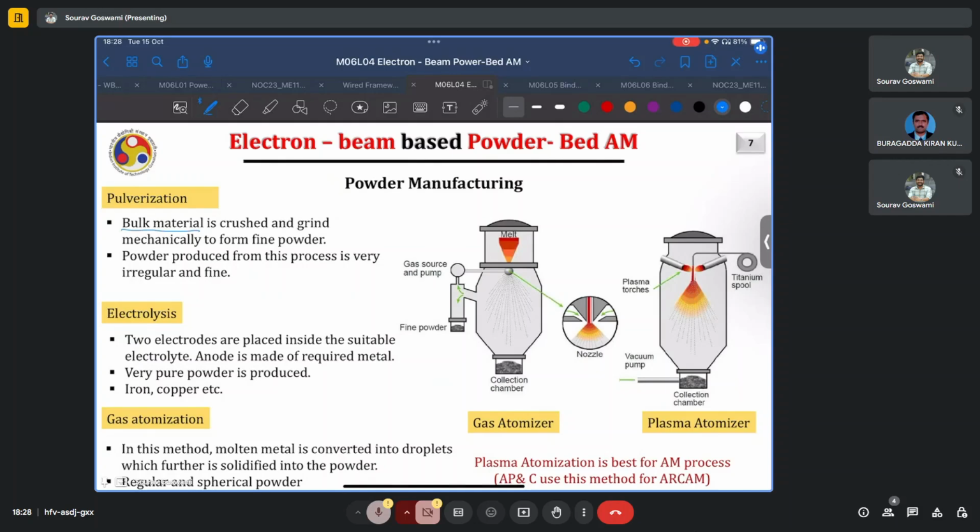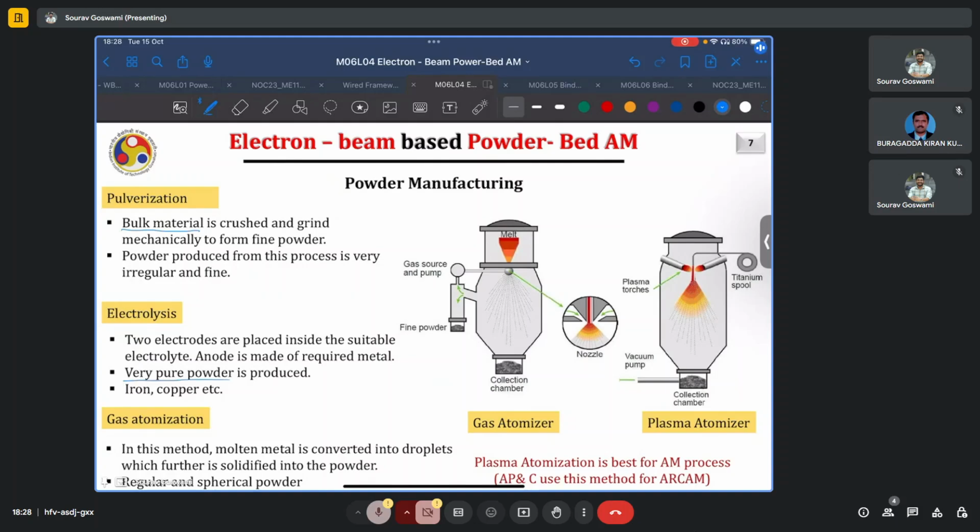The second is electrolysis. So where two electrodes are placed inside a suitable electrolyte, and the anode is made of the required metal, and on this anode, further metal will be getting deposited. And being a chemical process, electrolysis can produce very pure powder, such as of iron or copper, and this may be especially suitable for applications where purity is of utmost importance, such as if you want to make some implants or medical implants out of that powder.